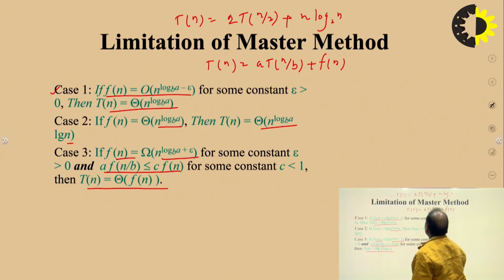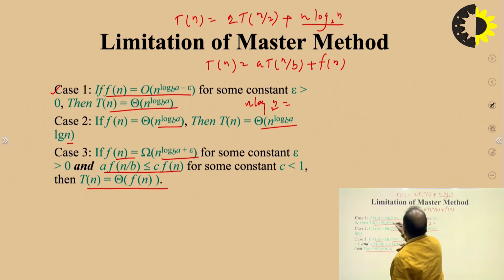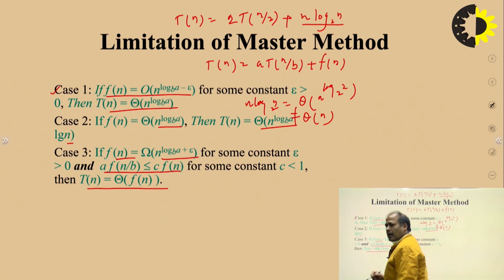All three cases will fail, because f(n) is n log n, and it is not possible for it to equal theta of n to the power log a base b, where a is 2 and b is 2. That is actually theta of n, so this is not equal to this. Case 1 failed. Case 2 is also not equal.